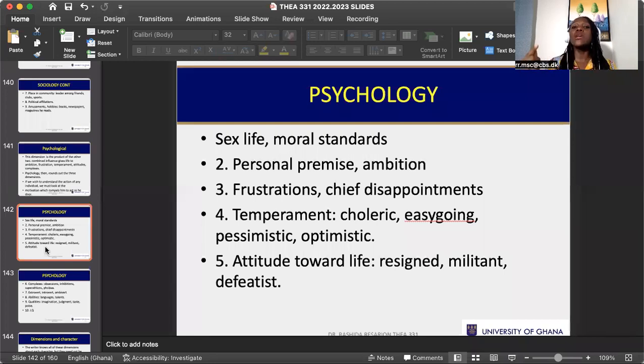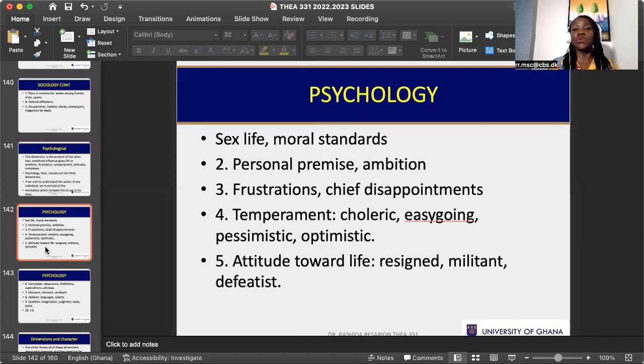our self-image, how we see ourselves, determines what we think we are capable of doing in life or where we belong in life. And so the person's psychological aspect is made up of the person's moral standards, the person's sex life, the person's personal premise in terms of the person's values, okay, the person's ambitions, frustrations about life, disappointment, the person's temperament, whether the person is easygoing, pessimistic, choleric, or optimistic, whether the person has a very resigned attitude towards life.